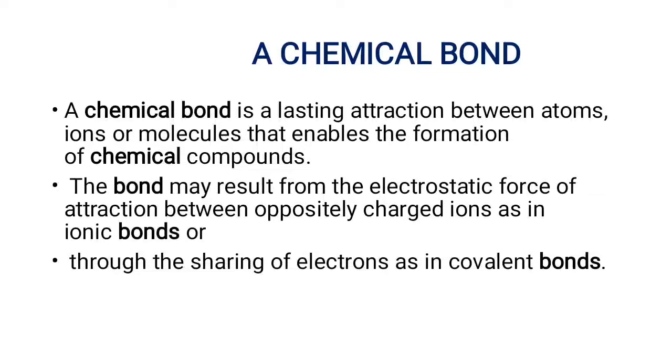The bond may result from the electrostatic force of attraction between oppositely charged ions, as in the case of ionic bonds, or the bond may also result by the sharing of electrons, as in the case of covalent bonds. So how the atoms combine, either by sharing electrons or by gaining or losing electrons. But the attraction between bonding atoms in a compound is called a chemical bond.